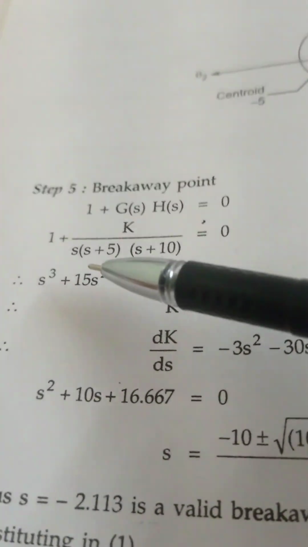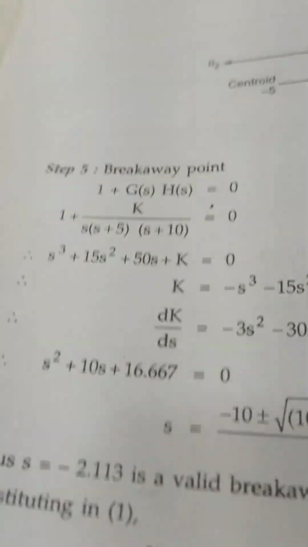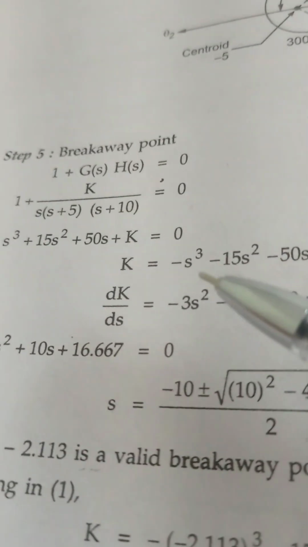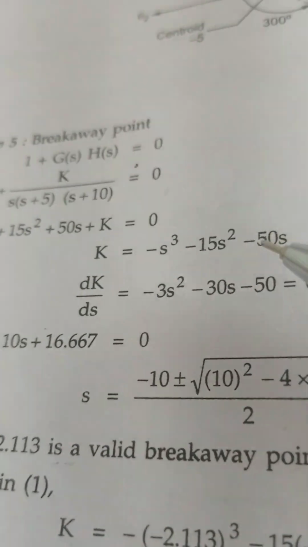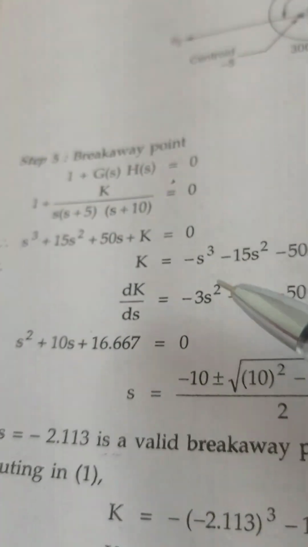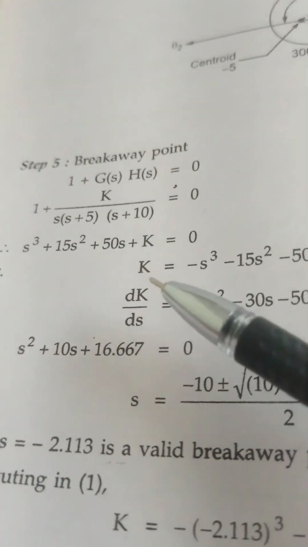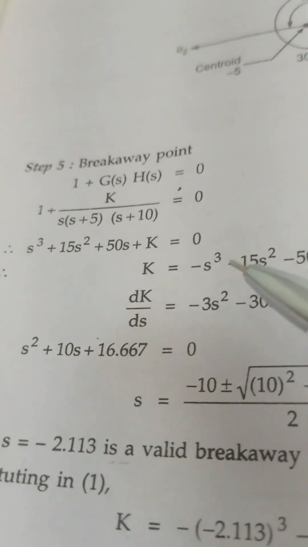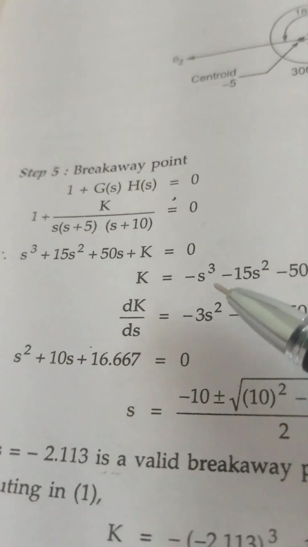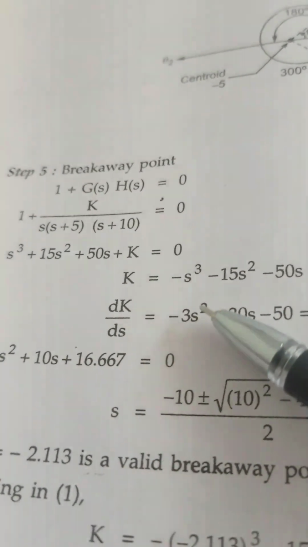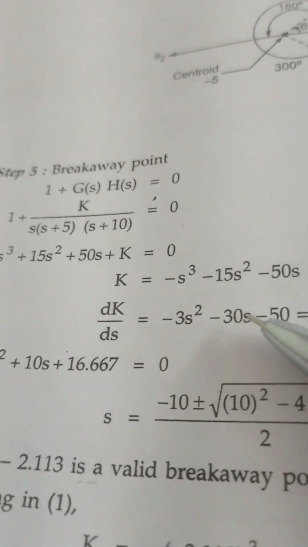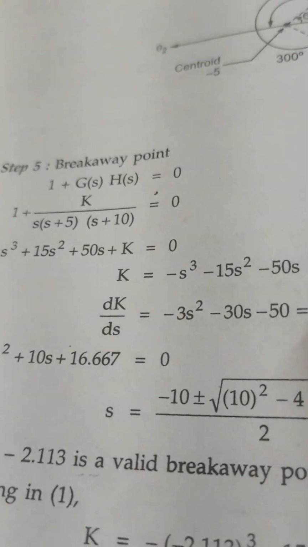Therefore k equals, taking everything to the right-hand side, minus s cubed minus 15 s squared minus 50 s. Then differentiate k with respect to s. When we differentiate, this will be minus 3s squared minus 30s minus 50 equal to 0.